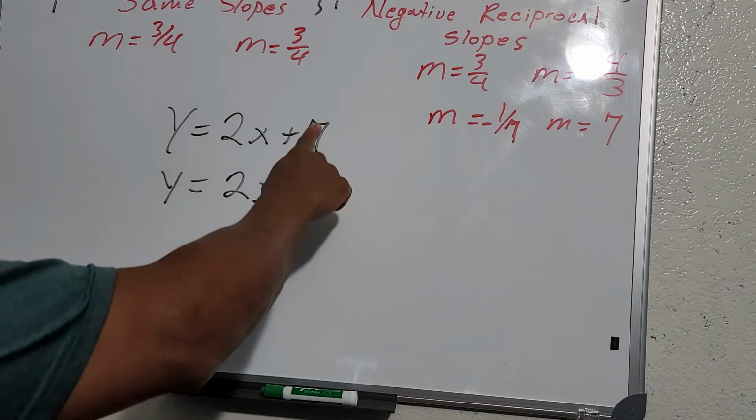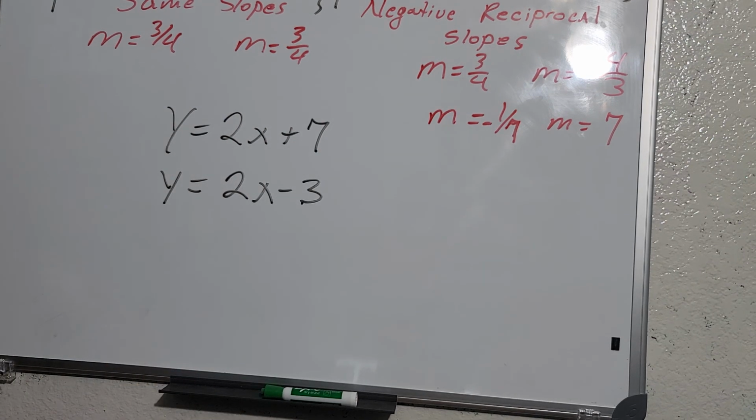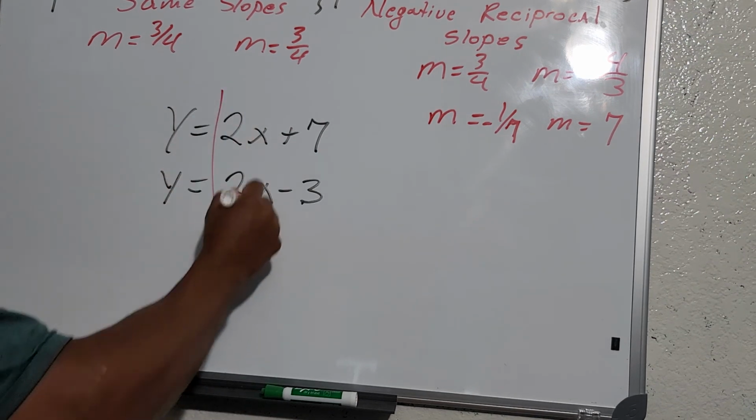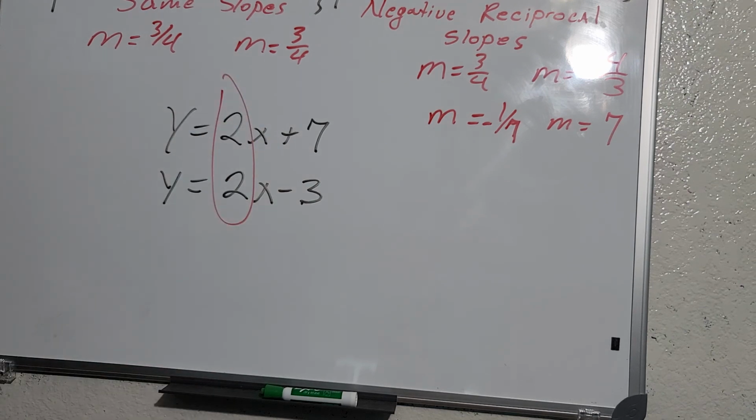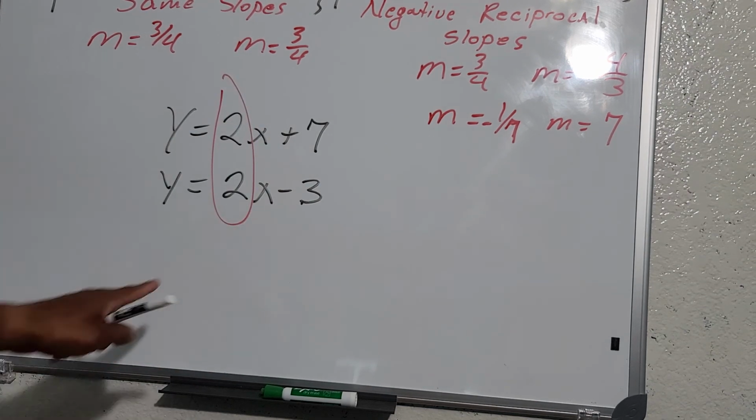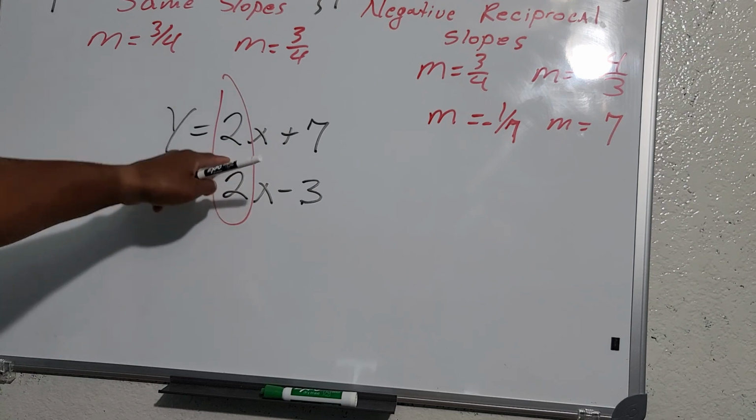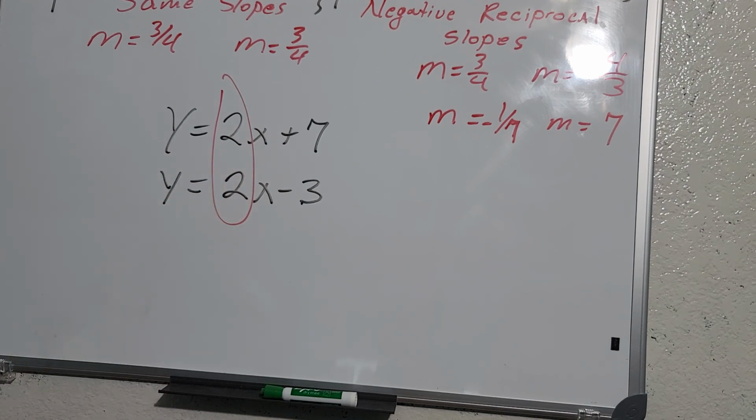They have nothing to do with parallel or perpendicular lines. However, it's all about the slope. The slope is the number that's in front of x, in front of your variable. That's the only thing we are to look at to determine if they are parallel or perpendicular. In this case, since the slopes are exactly the same, they are parallel.